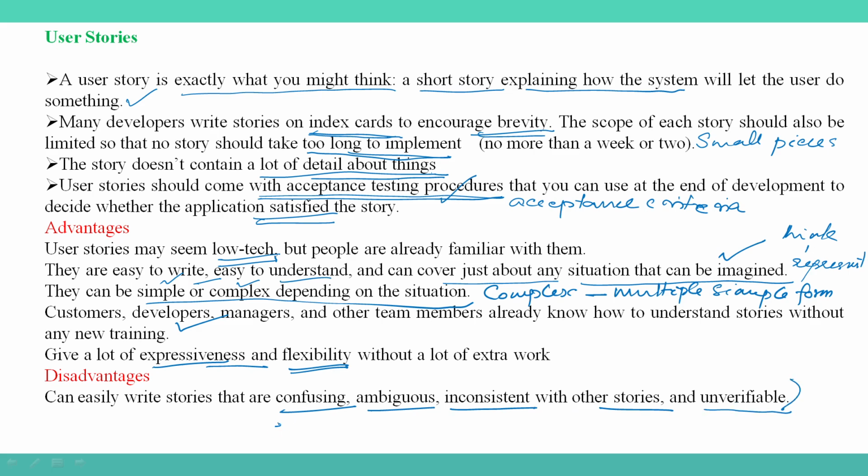It should be clear, it should be unambiguous, it should be consistent, and it should be verifiable. So whenever you are writing a user story, it should be very clear, unambiguous, consistent, and verifiable.